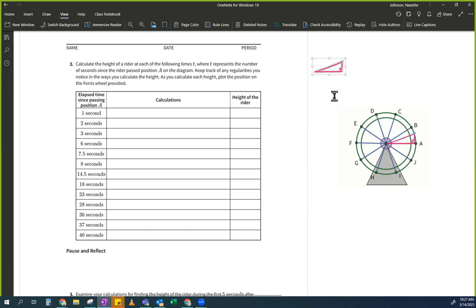Can you label this triangle? What do you know about this triangle again? What parts do you know about this triangle? Yeah, you know the 90 degree, you know the hypotenuse, you know the angle.